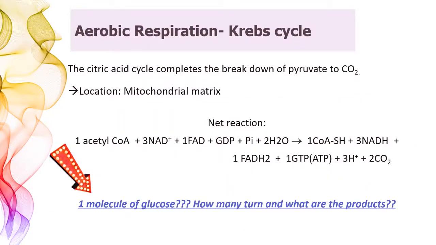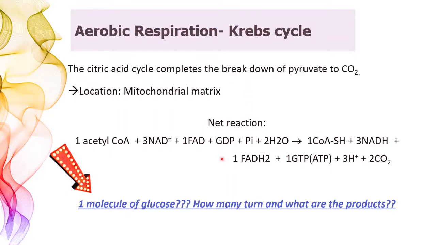Acetyl-CoA from the link reaction just now will next enter Krebs cycle. Krebs cycle normally happens in the mitochondrial matrix. Krebs cycle, or also called citric acid cycle, will complete the breakdown of pyruvate to carbon dioxide.